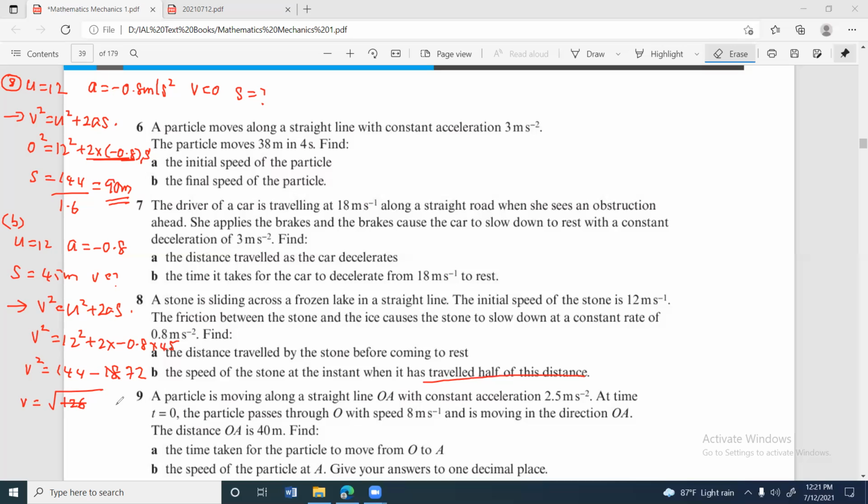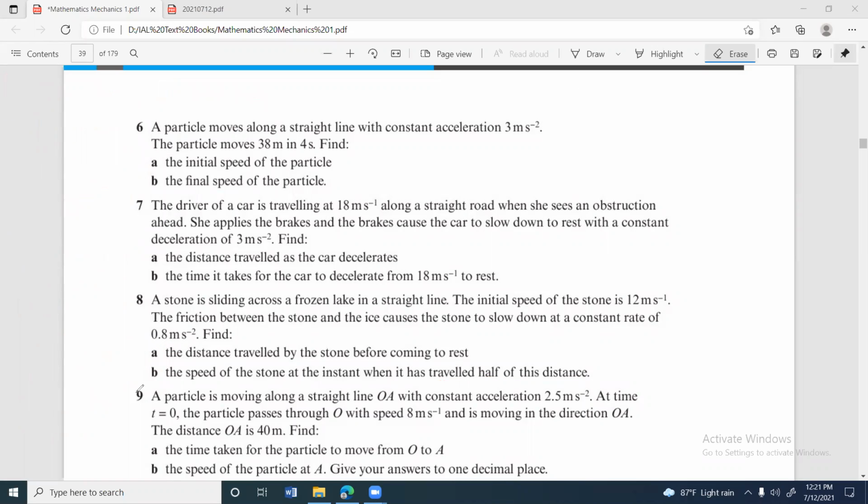The square root of 72 is 6 root 2, which is 8.49 meters per second. That's the answer you need to get from here. That's the way of getting the answer for this question.